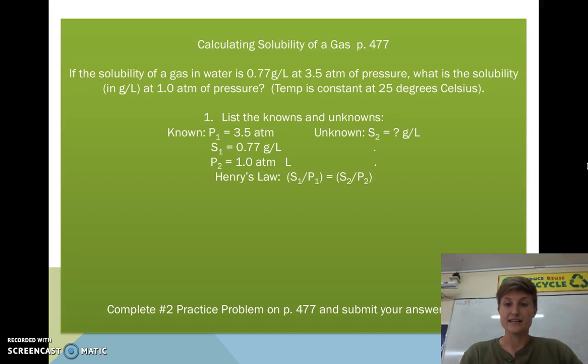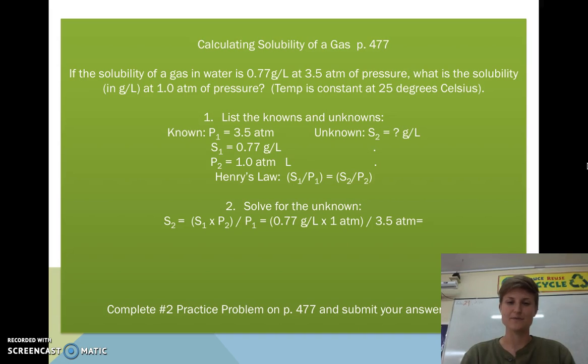We want to find S2, the secondary solubility, when we change the pressure. Then we plug those into our formula, as you can see I've done for you down here. And your answer, drumroll, is 0.22 grams per liter.